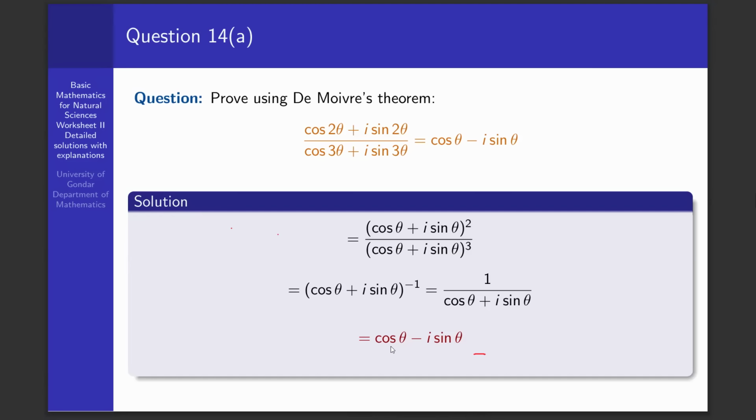The numerator multiplied by this is cos theta minus I sine theta, and cosine of theta plus I sine theta multiplied by its complex conjugate is cos square theta plus sine square theta, which is 1, the trigonometric identity. So that becomes cos theta minus I sine theta over 1, or cos theta minus I sine theta. Therefore, this is how we can approach to prove this expression.